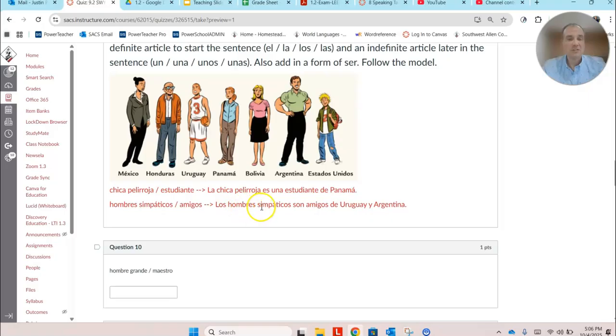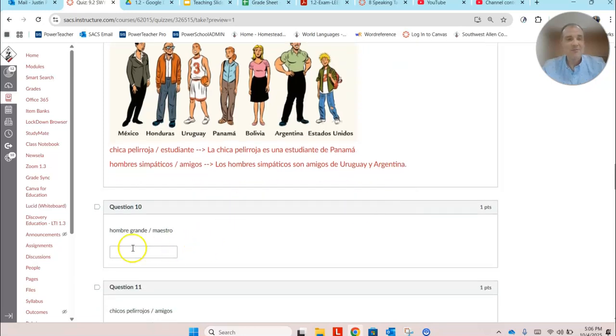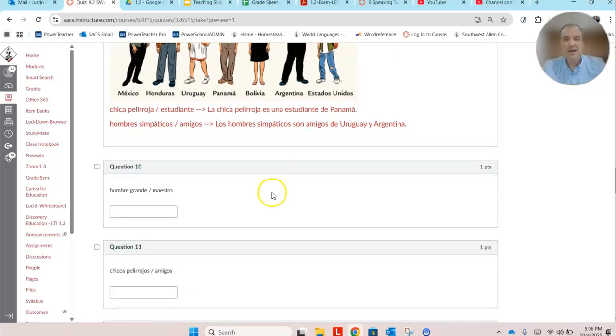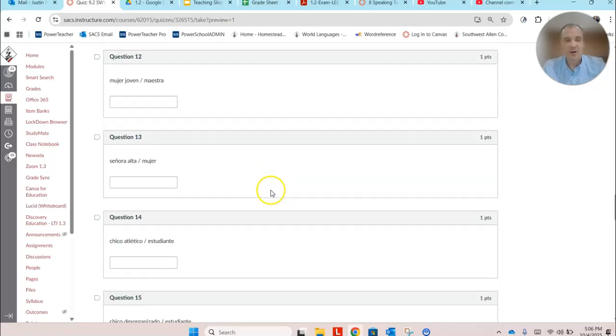Los hombres simpáticos son amigos de Uruguay y Argentina. All right, so I'm going to give you something down here that says hombre grande maestro. We'll look over here, the men from Argentina, and say something along the lines of el hombre grande es un maestro de Argentina. All right, so that's going to be some practice with ser and our adjectives and our articles.